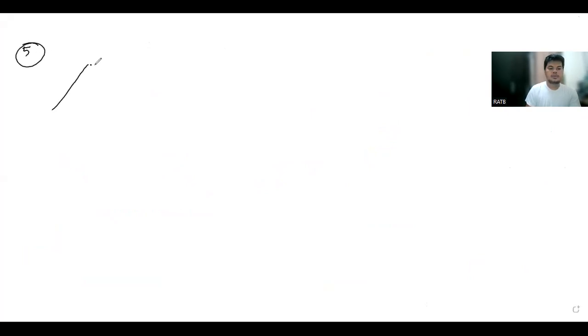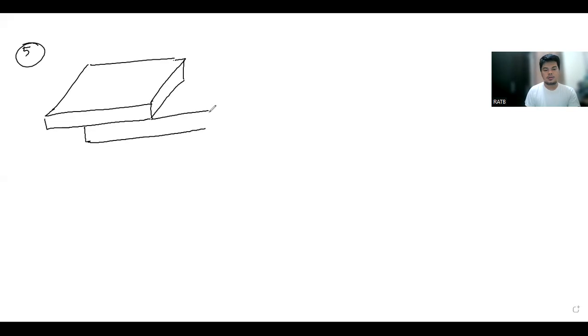In item number 5, we are given two steel plates. The steel plates are being lap jointed. There are three rivets used to lap joint them, passing through to the bottom.